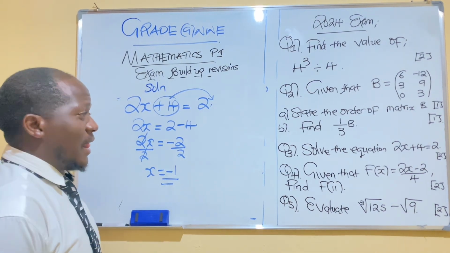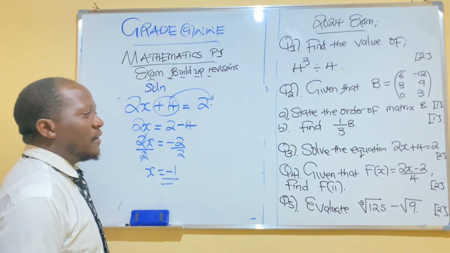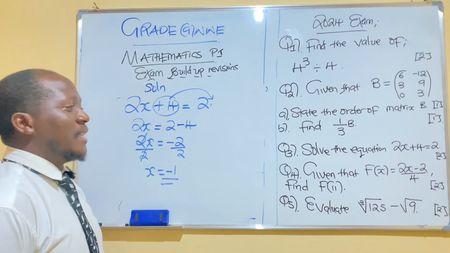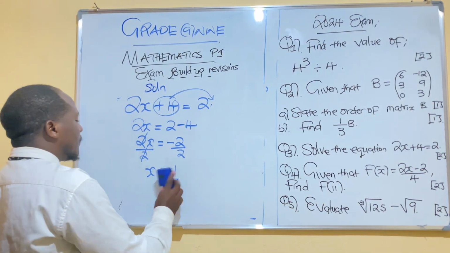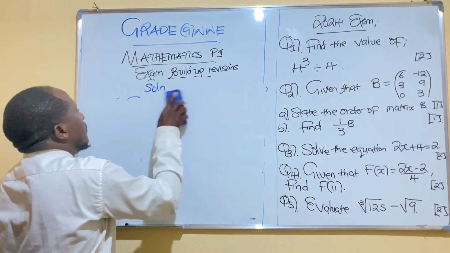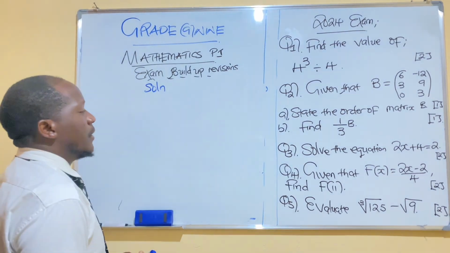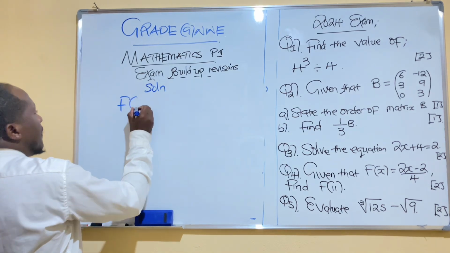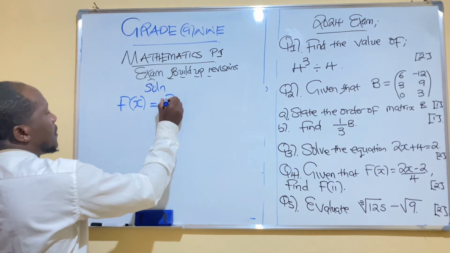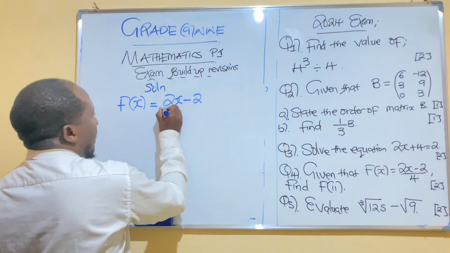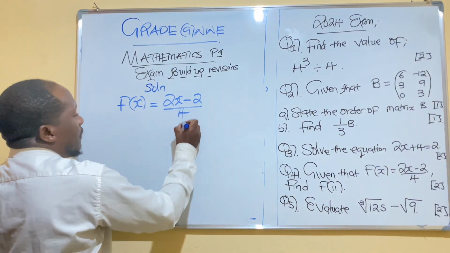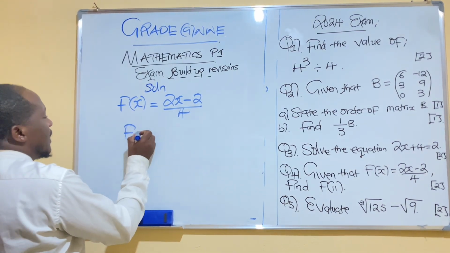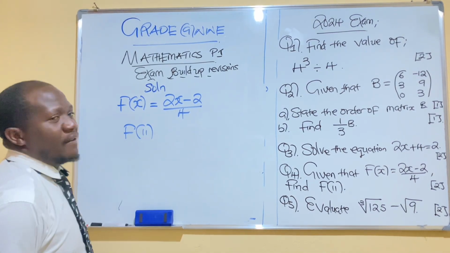I hope that this is at least giving you the needed morale for exam preparation. Then apart from this, we have question 4, which says f of x equals 2x minus 2, everything over 4. Then it says find f of 11.